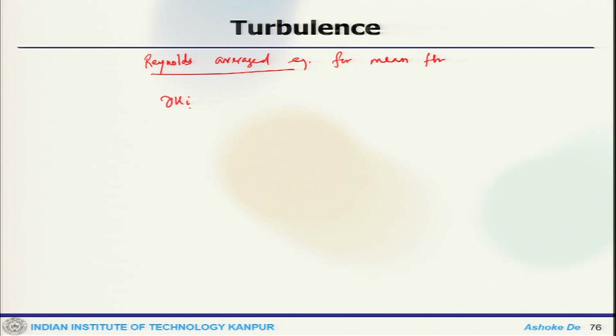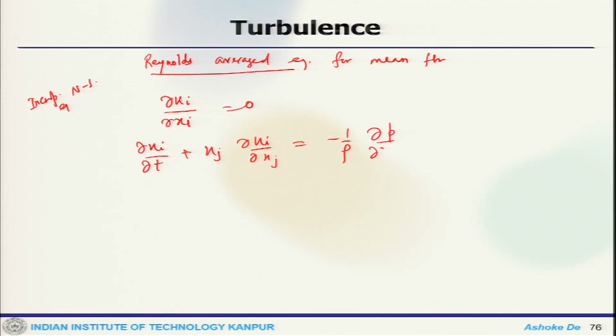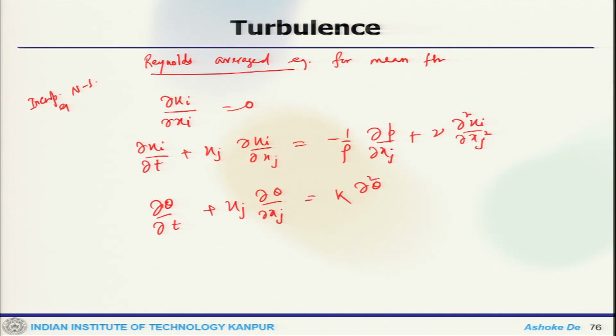This is our incompressible NS equation: del ui by del xi equals 0, del ui by del t plus uj del ui by del xj equals minus 1 by rho del p by del xi plus nu del 2 ui by del xj square, and del theta by del t plus uj del theta by del xj equals kappa del 2 theta by del xj square.